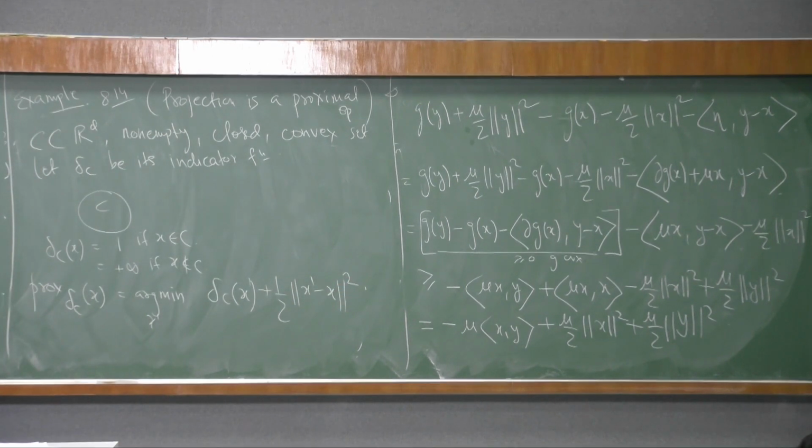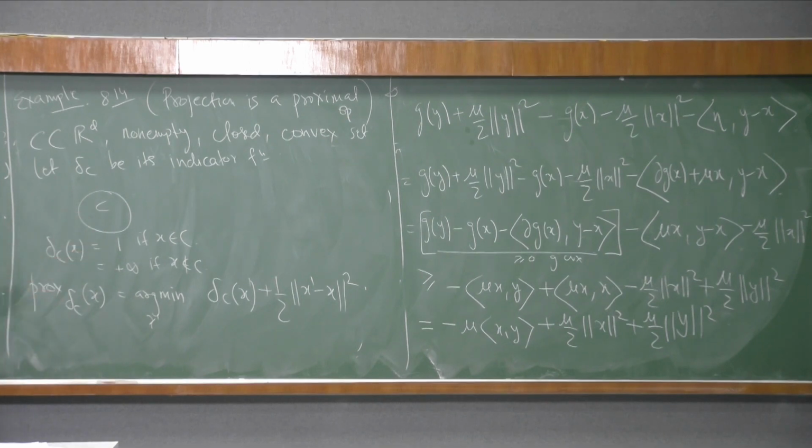And we are doing this for all of R^D. The indicator function is defined everywhere, because either x goes in C or it doesn't. So essentially it covers the whole space. So what is the proximal operator for an indicator function?